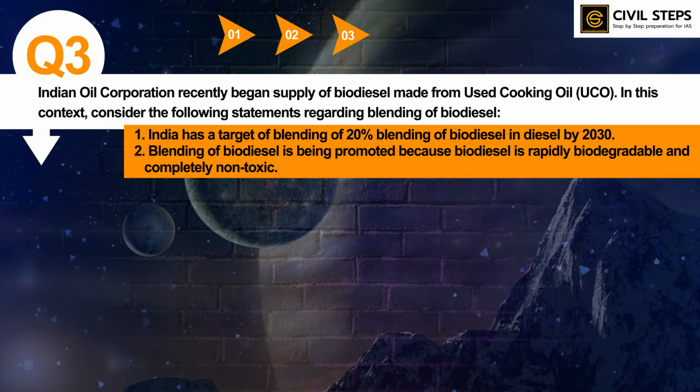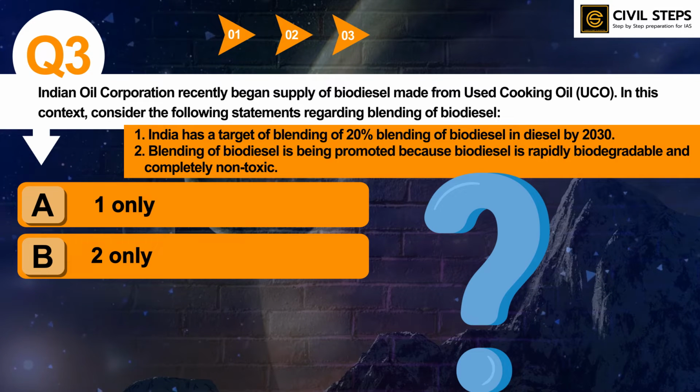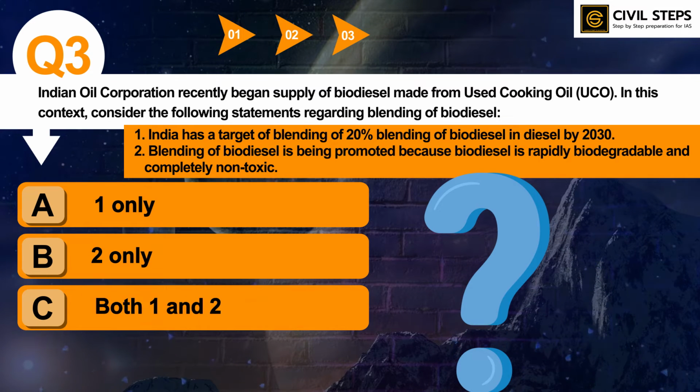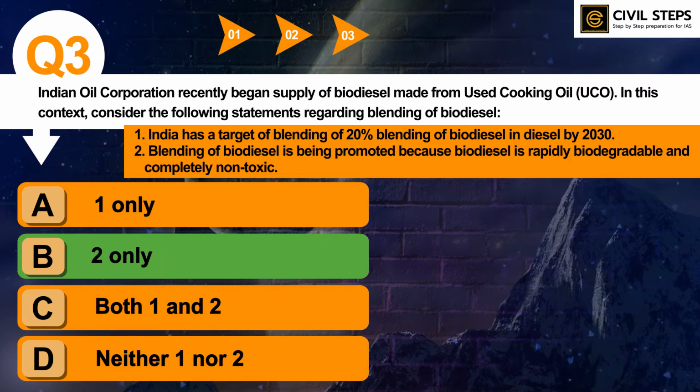Second, blending of biodiesel is being promoted because biodiesel is rapidly biodegradable and completely non-toxic. So which of the statements given above is or are correct? Option A 1 only, B 2 only, C both 1 and 2, D neither 1 nor 2. So you have to tell the correct answer. So the correct answer of this question is option B 2 only.